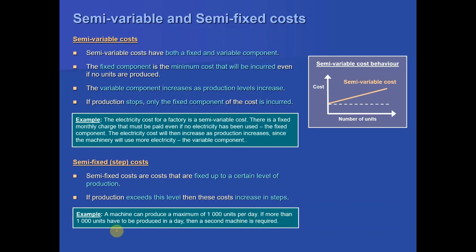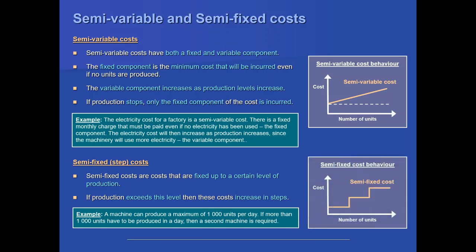If more than 1,000 units have to be produced in a day, then a second machine is required. If more than 2,000 units are produced, if we continue the pattern, a third machine will be used. So each time we reach a certain capacity, it jumps up and the costs increase. And then when we get a certain number of units, the costs jump up again.